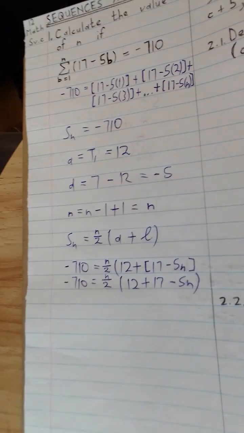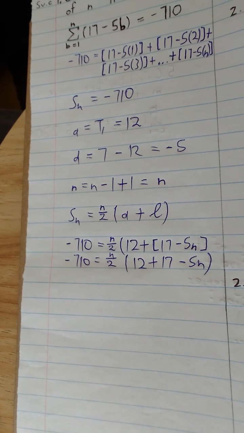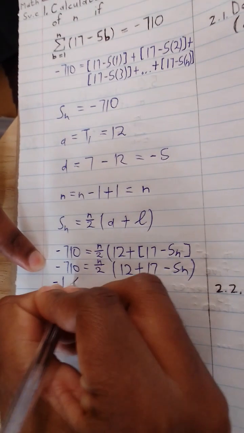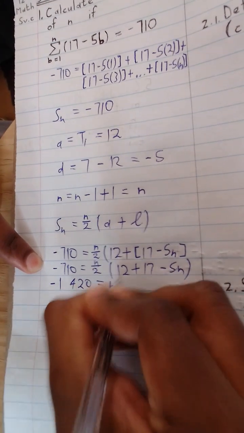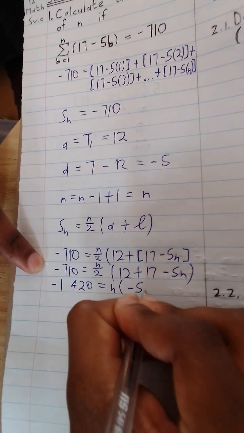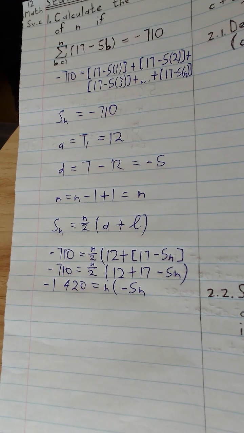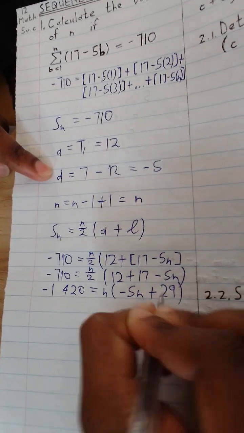Multiply everything by 2. We have negative 710 times 2, negative 1420. 2 times n over 2 is n, times negative 5n. 12 plus 17 is 29.